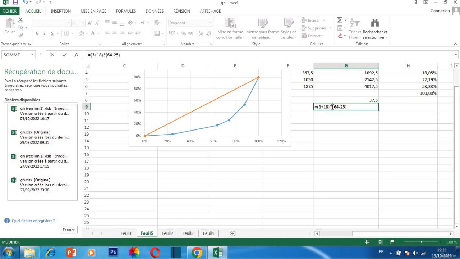No, this is multiply. This is the small base plus the big base, multiply by the height of it. This is called the height, 64 minus 25. Divided by 2, all of it divided by 2, which is 819. We're gonna check 819 divided by 2.